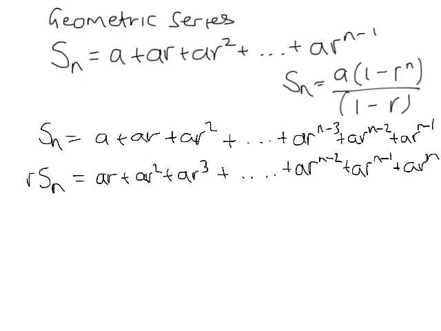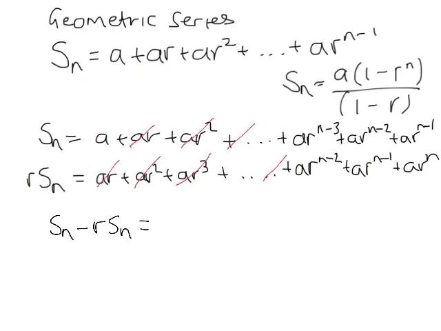Now if we take away this second line from this first line, so that is Sn minus R times Sn, you can see that these terms are going to cancel each other out. There's going to be an AR cubed there that cancels that AR cubed out.